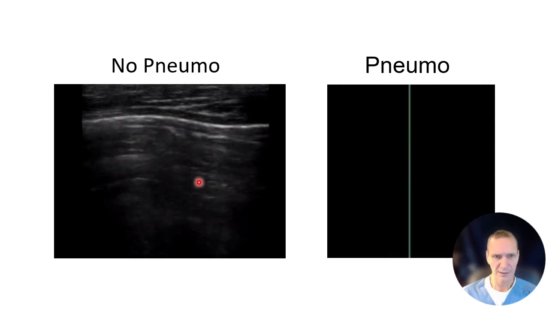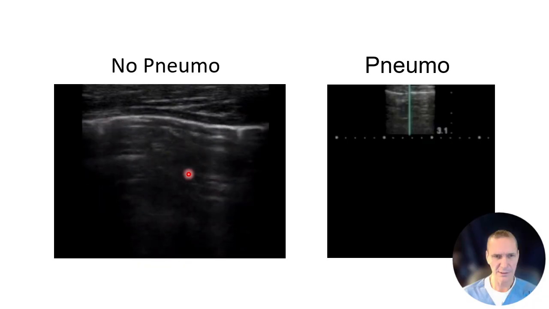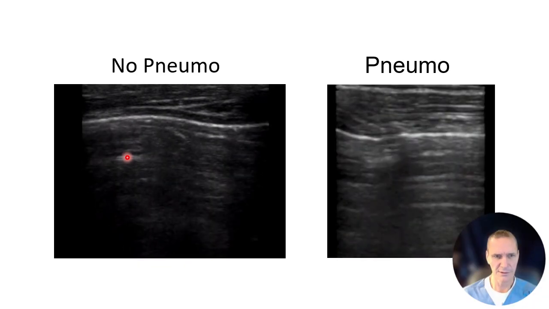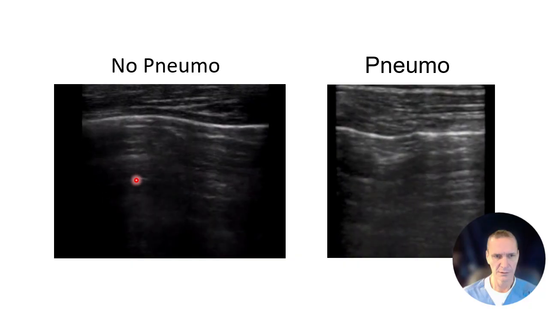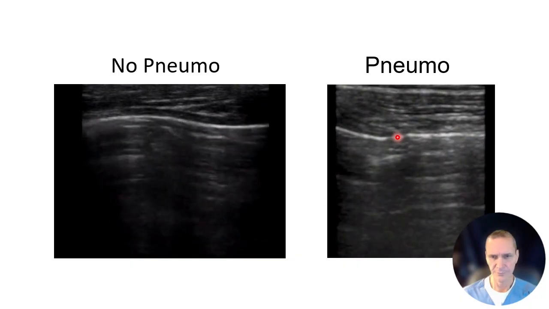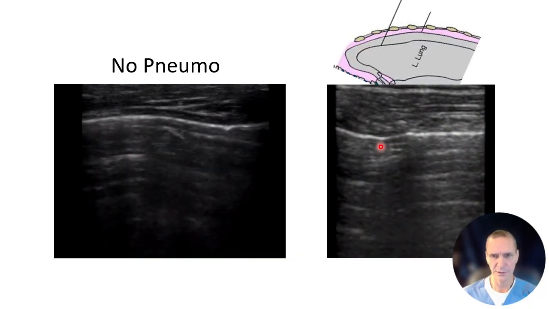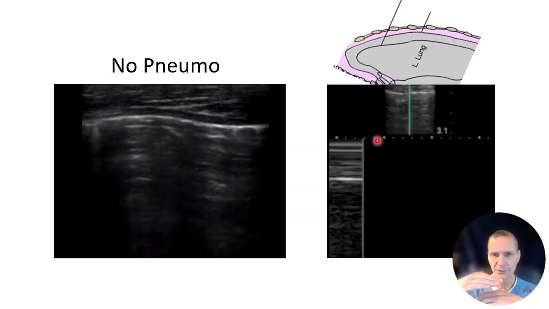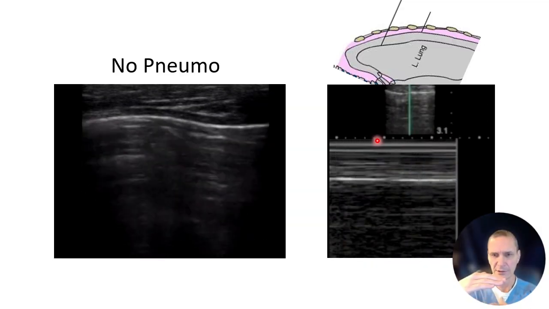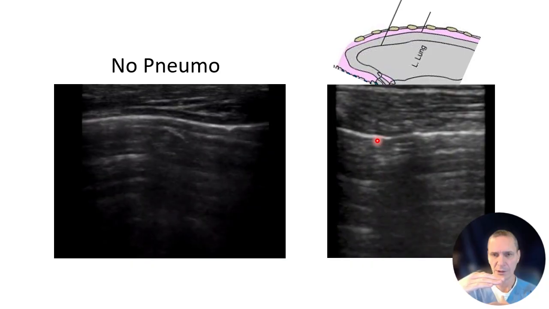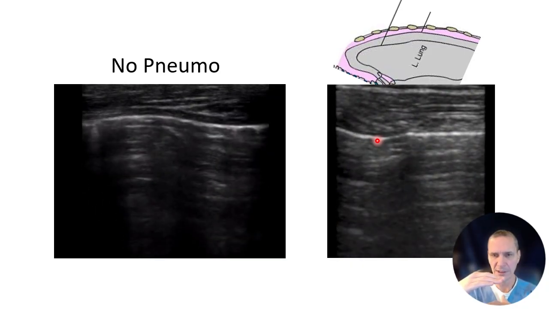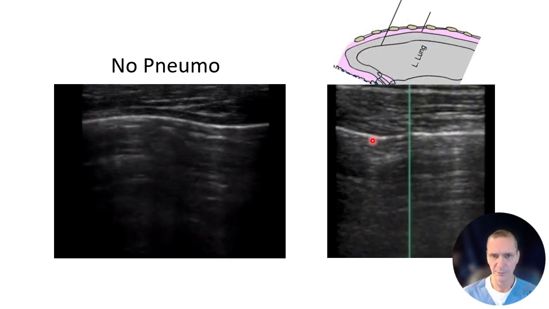Some up and down lines called comet tails or B lines, and then some transverse lines here called A lines. Over here is suggestive of a pneumothorax. Remember, when the parietal and visceral pleura are not together, there will be no movement or calcifications moving back and forth.